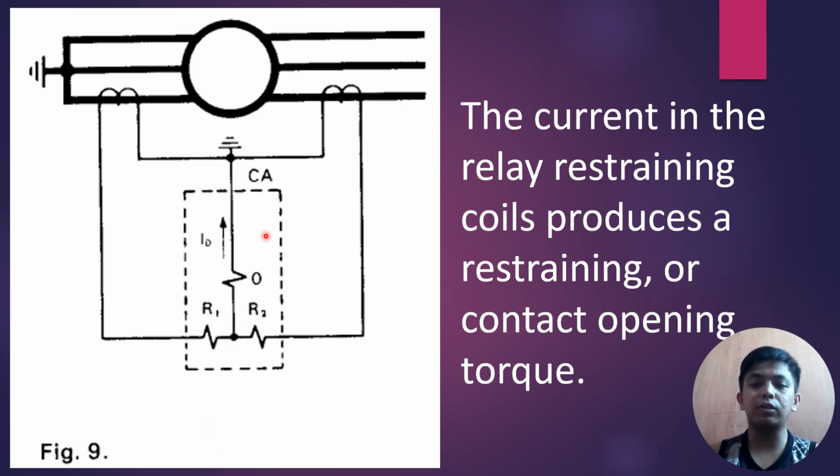These are the basic connections for our relay under normal conditions. Current passes through the current transformers, then through the relay restraining coils, which are R1 and R2, and back to the current transformers. The current in the relay restraining coils produces a restraining or contact opening torque.